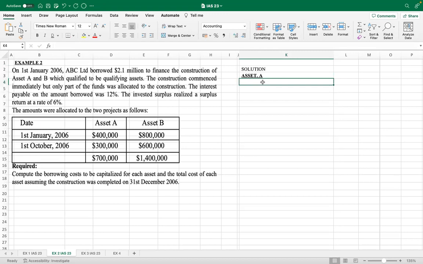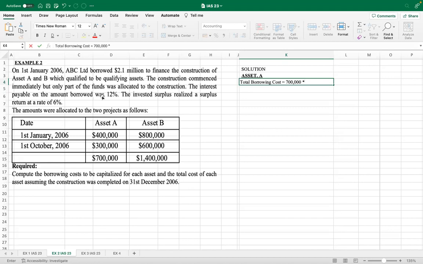Now, for asset A, the total amount was 700,000. So for asset A, the total borrowing costs, in other words, total interest, is 700,000, which was borrowed for asset A, times the interest rate.